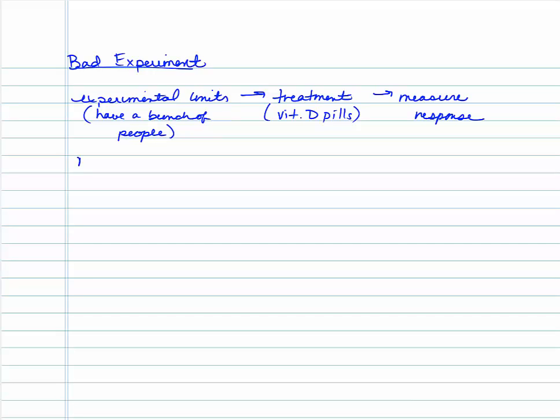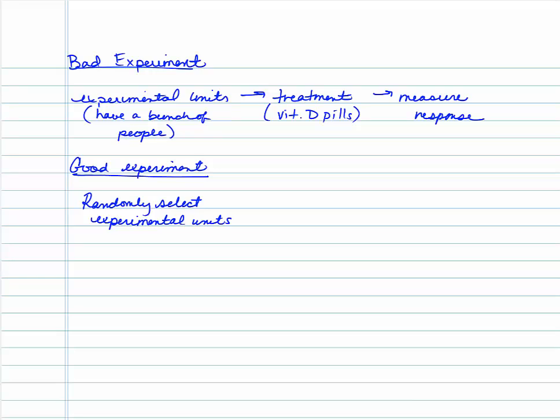So let's talk about a good experiment. A good experiment is, instead of just taking a bunch of people, you randomly select your experimental units, your people, and split them up into two groups.